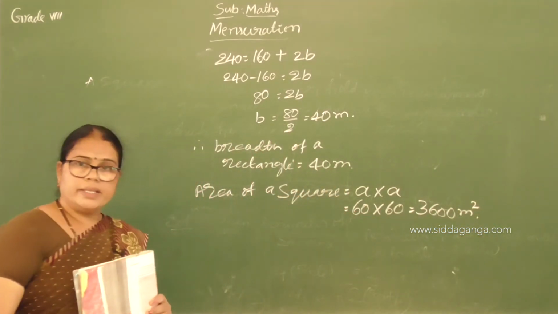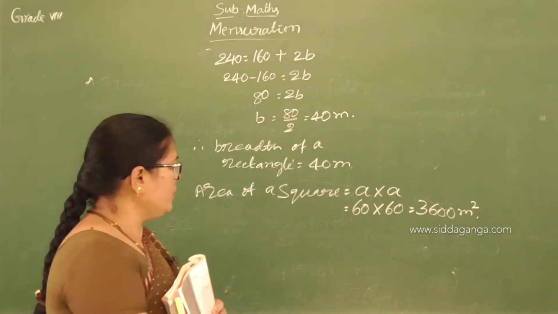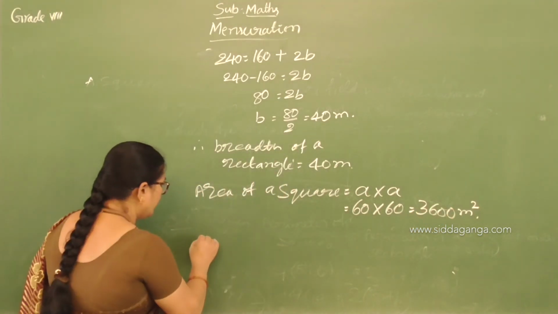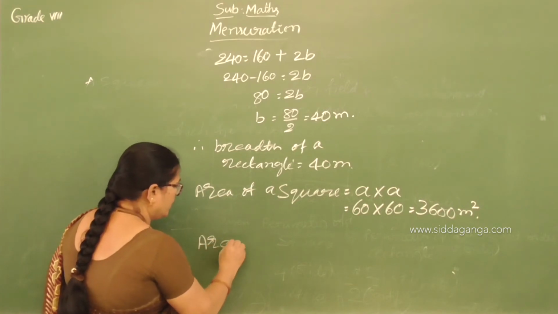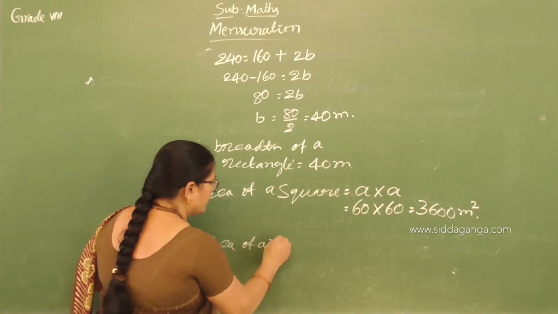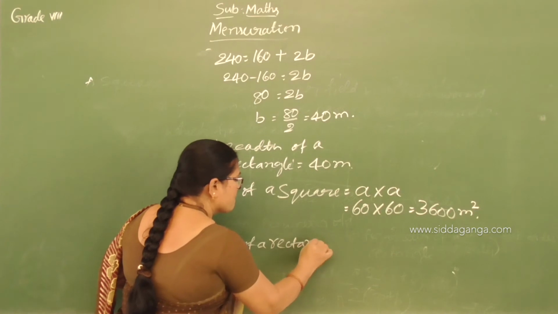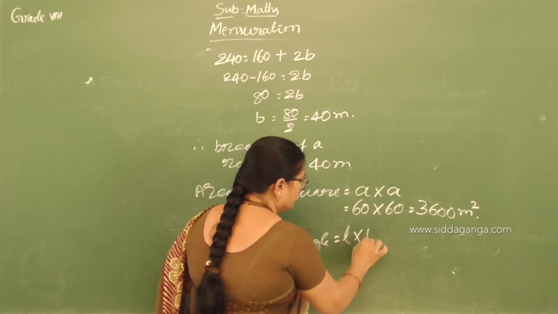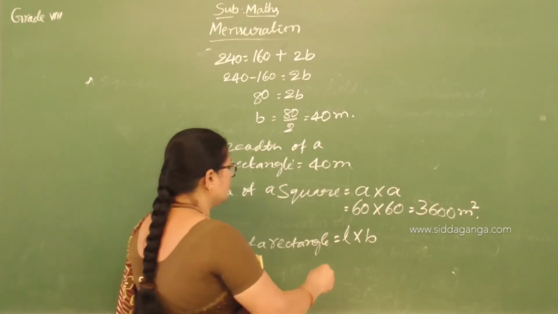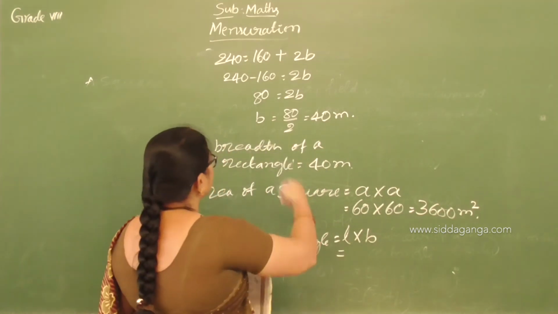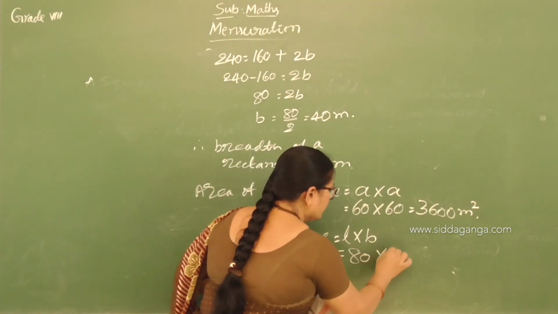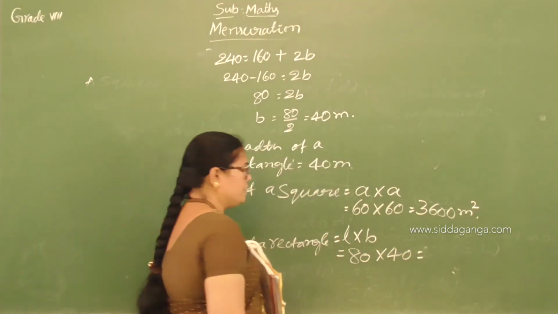Here we have to calculate the area in square units, so I take meter square. Area of a rectangle is equal to length into breadth. Here length is equal to 80 meter and breadth is equal to 40 meter.